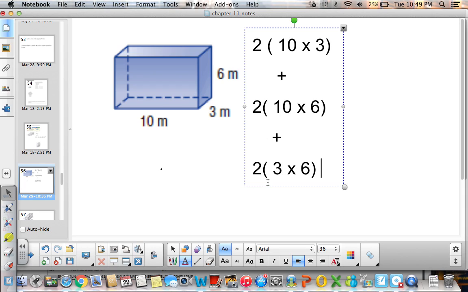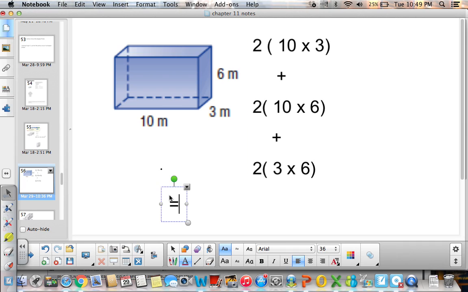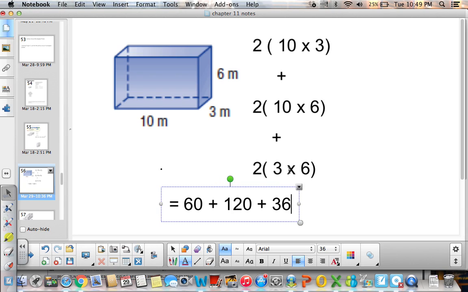So 10 times 3 is 30, times 2 is 60, 10 times 6 is 60, times 2 is 120, and then 3 times 6 is 18, times 2 is 36. So 120 plus 60 is 180, plus 36 would be 226 meters, and then we square it.